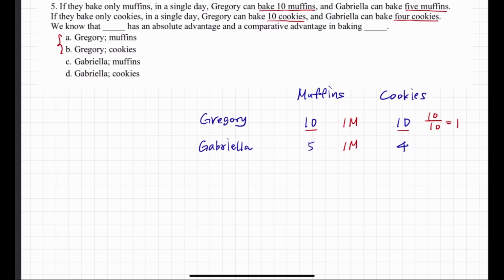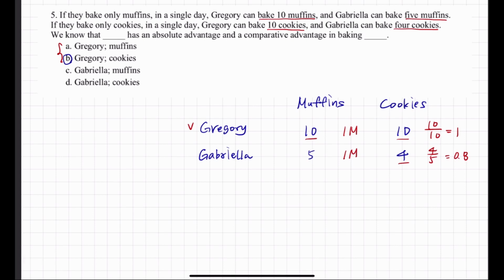If Gabriel makes one muffin, how many cookies can he make? 4 over 5, so it's about 0.8 cookie. So who has the comparative advantage in making cookies? Gabriel, right? So Gabriel has the comparative advantage in baking cookies. So B is the correct answer. Okay, so that is what we focus on with quantity.